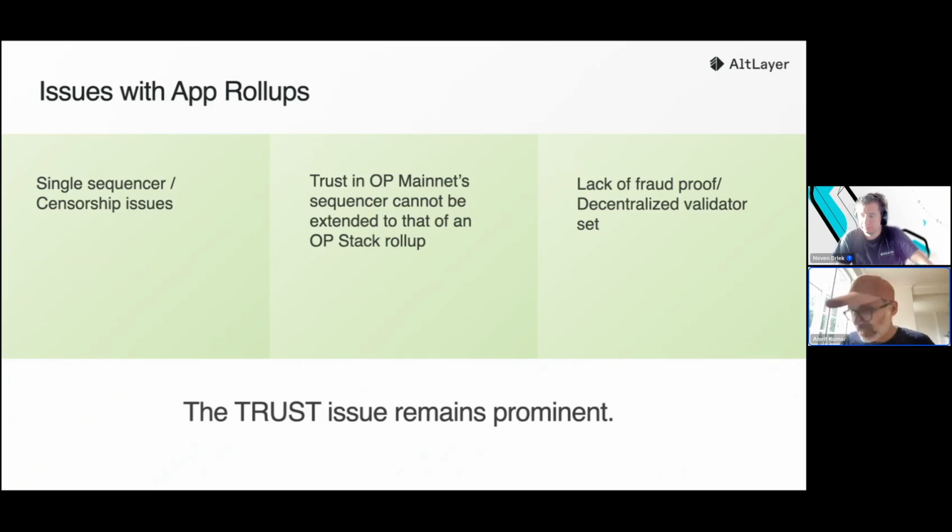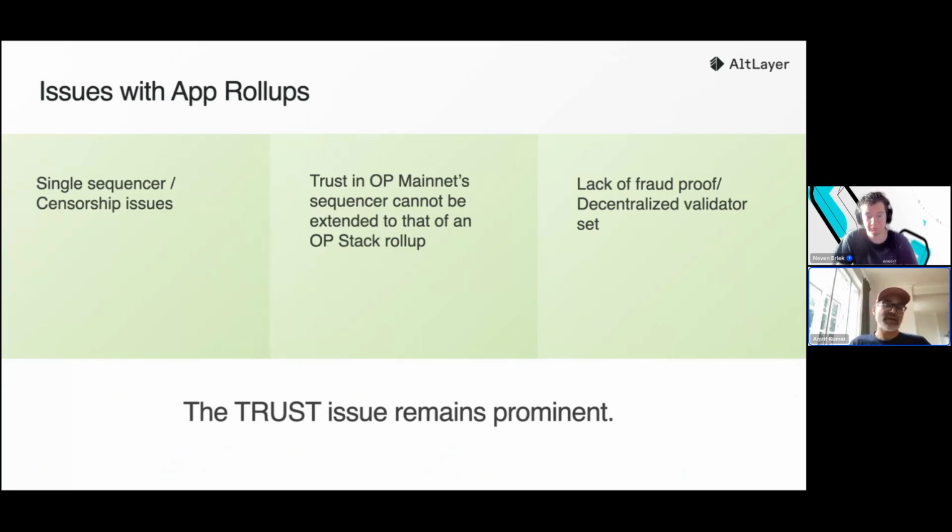That is kind of okay if you're using OP mainnet or Arbitrum 1, because the sequencer is trusted since it's run by the foundation itself. But you cannot extend the sequencer trust that you have on OP mainnet to a rollup that is using OP Stack.